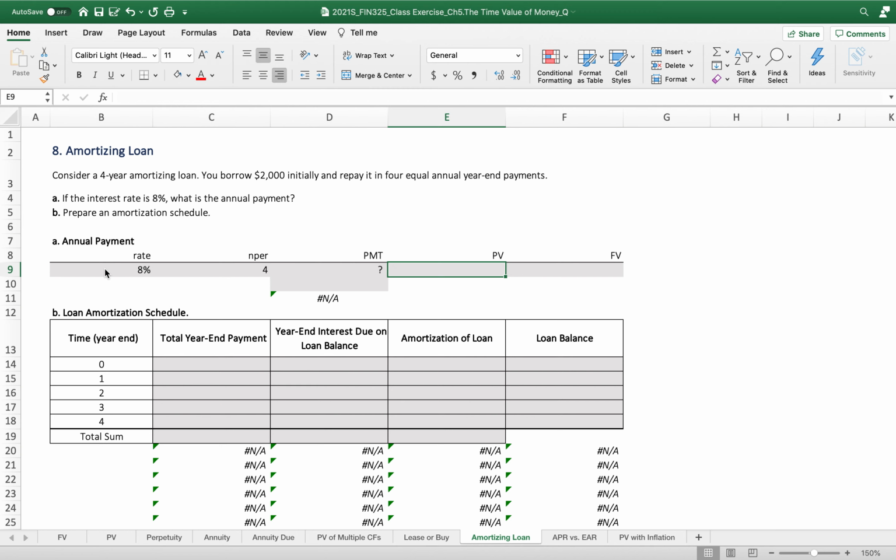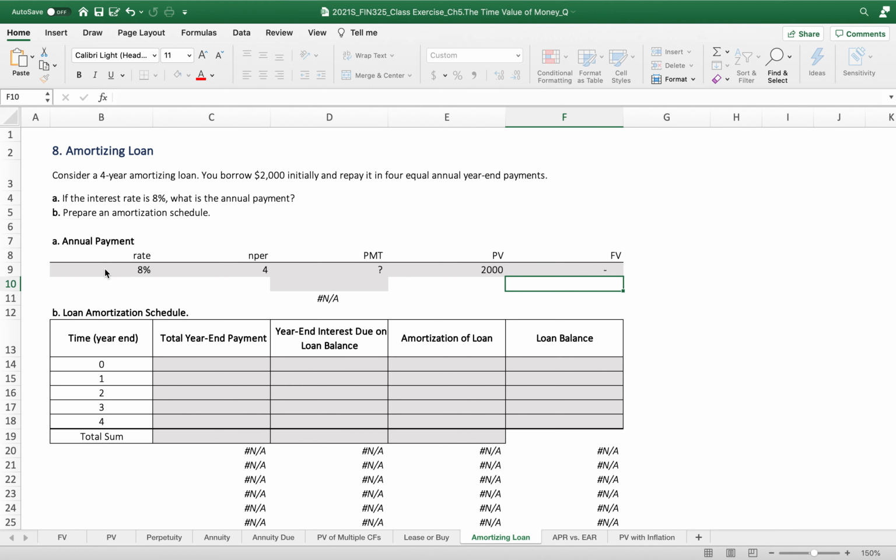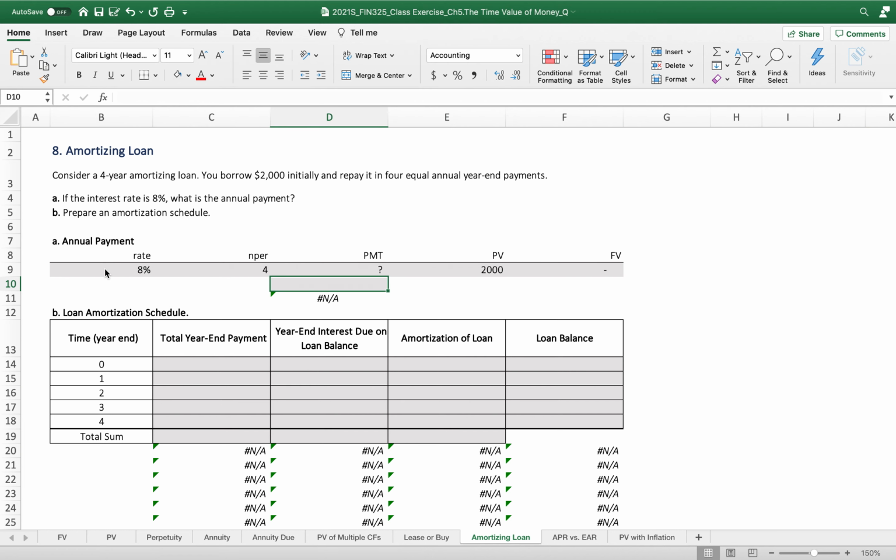So we always take into consideration the direction of cash inflow and outflow. If you are the borrower, $2,000 is cash in. Then the future value of this $2,000 in 4 years is going to be 0, because you paid all the money out over 4 years.